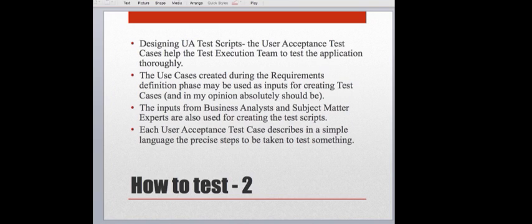Or some other testing tool. Could be that their test scripts are in a spreadsheet. Wherever they are, try to get a copy of their test scripts if you have a testing team, so that you can use those for what you're planning to do for UAT.